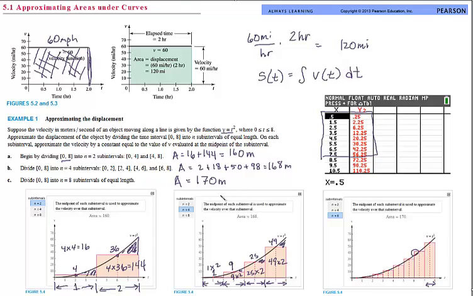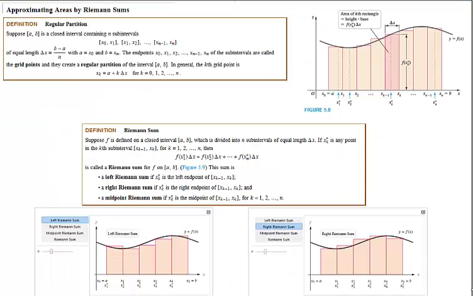I'm not going to do that, but with 64 subintervals, they actually got 170.656. So you can see that at 8 subintervals I was pretty darn close to the area underneath that curve, and 64 gets even closer.